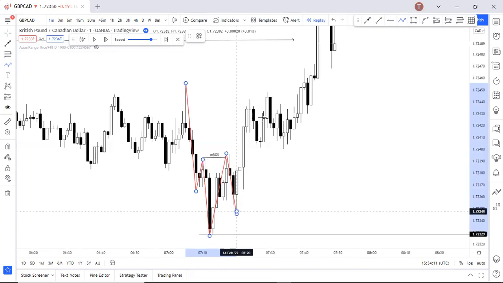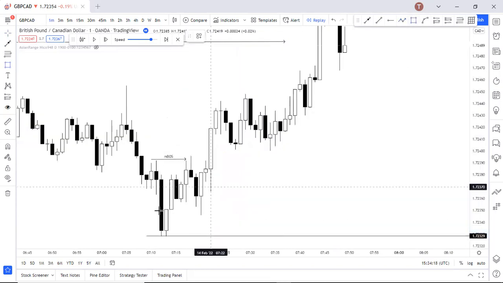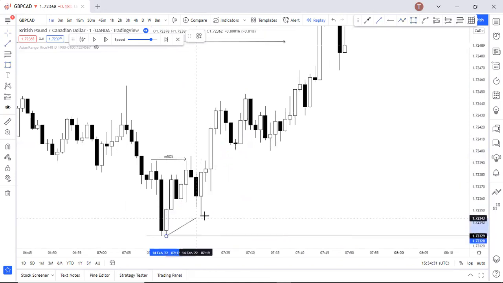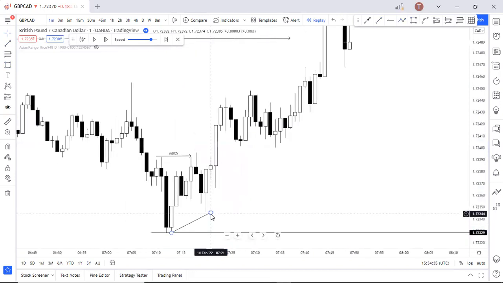So therefore, this minor break of structure was mitigated with this candle right here. It's mitigated this, giving us a shift in this structure.